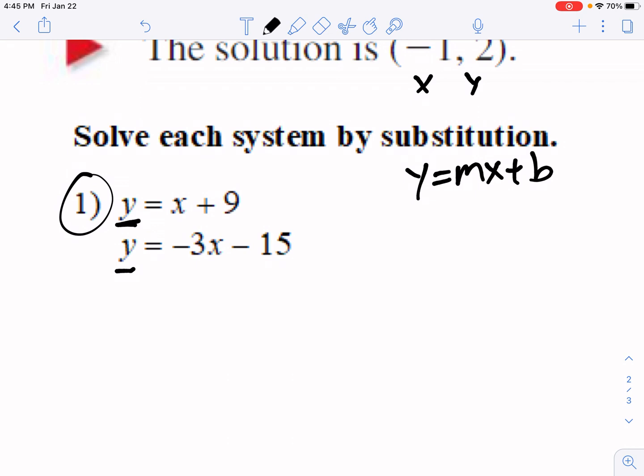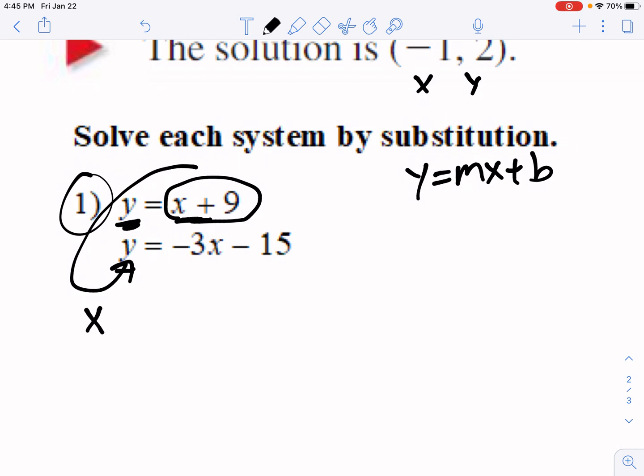Well, both of those are y. So if this is equal to y, I can take this and substitute it in for this y, okay? Because x plus 9 equals y, so I can substitute that value in for this y here, okay? Essentially getting rid of it and replacing it, okay? So that's what we're going to do here is we're going to plug this in for y.